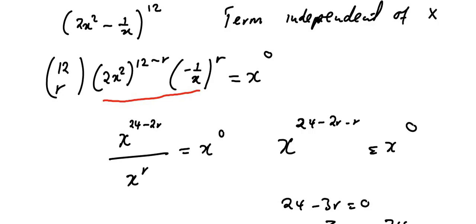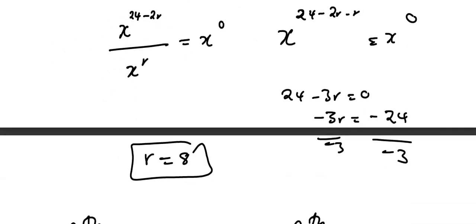So from here we can bring it to be x to the power 24 minus 2r, then minus r. So it's the same as x to the power 24 minus 2r minus r, equal to x to the power 0. So we equated the bases, right? The powers, this and that.